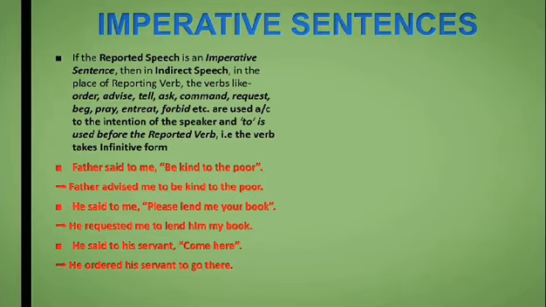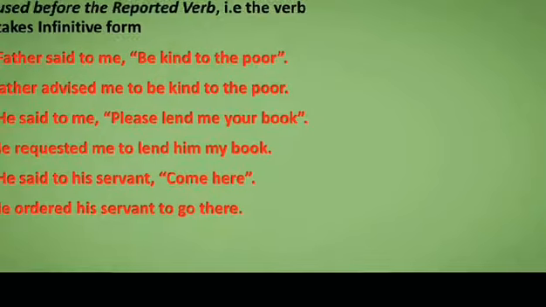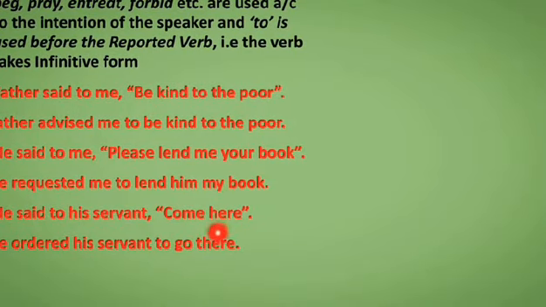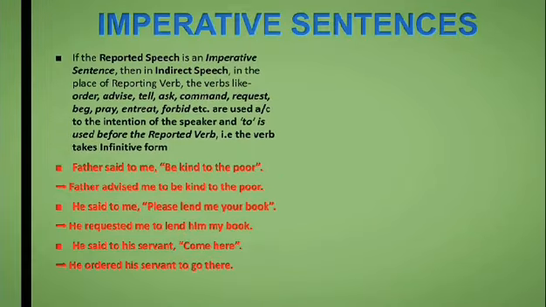Generally this doesn't change, but here changes to there in indirect speech. If the sentence stands like he ordered his servant to come there, the sentence is not proper, it is improper. So in that case we change come to go. That's the only thing; otherwise generally we don't change that.